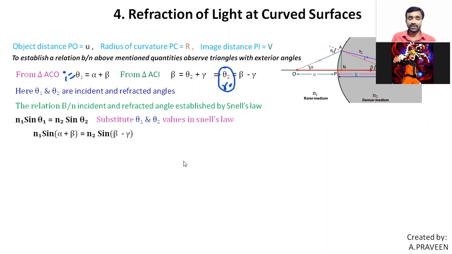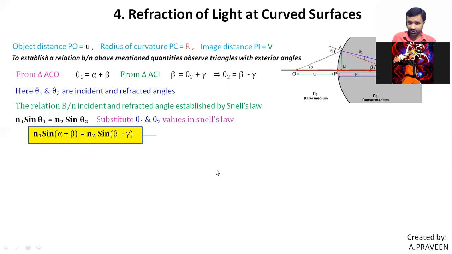Theta 1 equal to alpha plus beta, and theta 2 equal to beta minus gamma; they are replaced here in the formula. I'll note this down as equation 1.